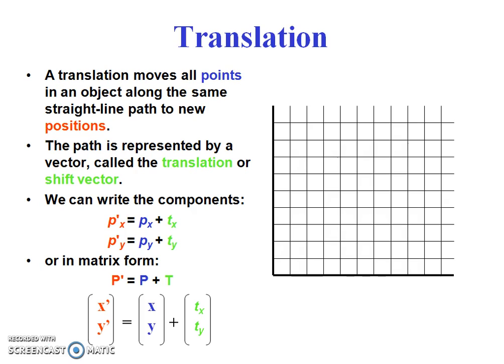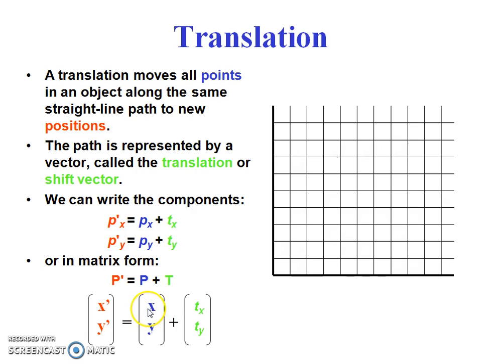And let me discuss the first type of transformations in two dimensions: translations. A translation moves all points in an object along the same straight line path to the new positions. If x and y are the initial positions, and tx and ty are the distances moved, tx towards the x direction and ty towards the y direction.